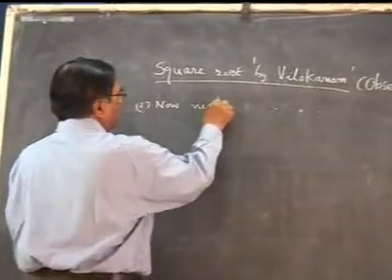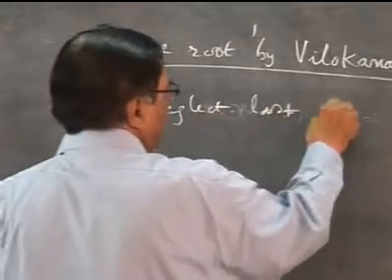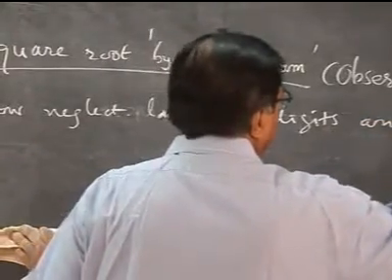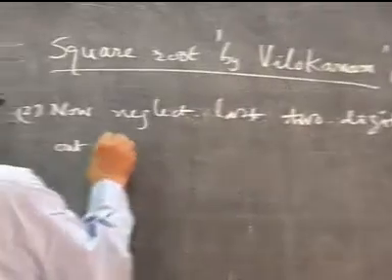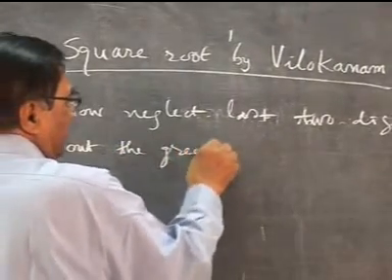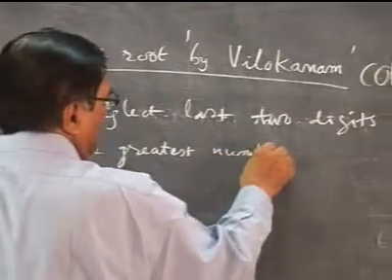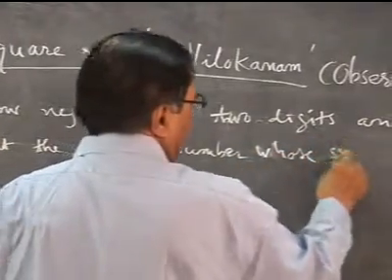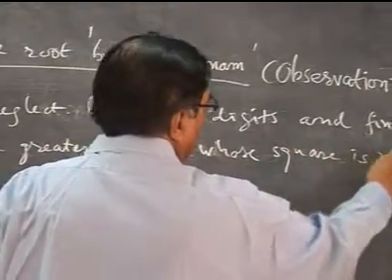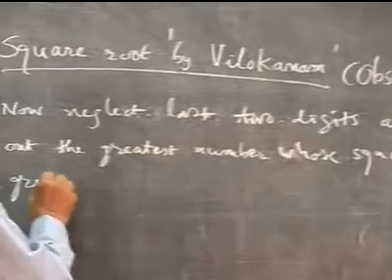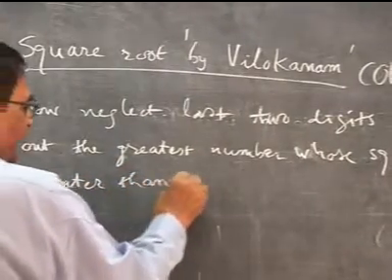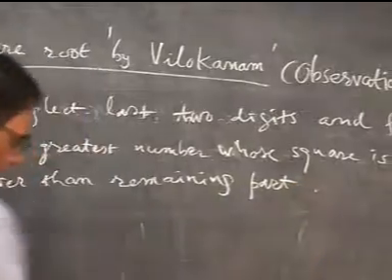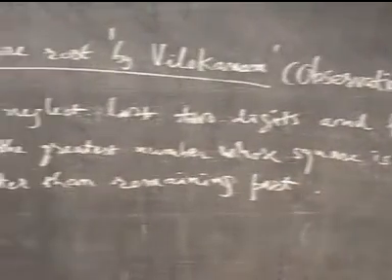Now, neglect the last 2 digits and find out the greatest number whose square is not greater than the remaining part. Step 3.